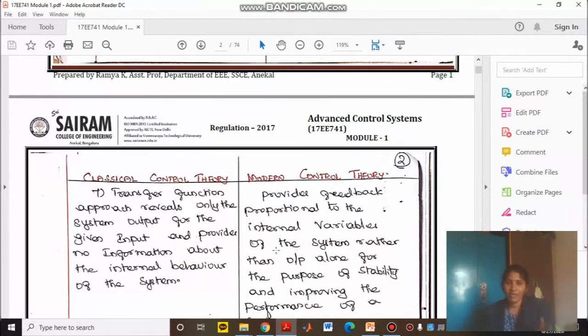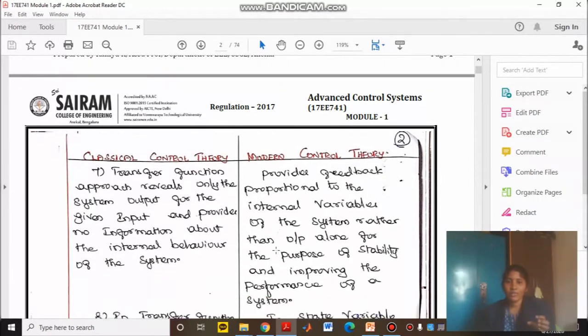Why do we need to know the difference? Because nowadays in all the systems you design, a controller plays a vital role. That is a smart controller, centralized controller, decentralized controller, one-way controller, two-way controller. So based on the type of controller, we need to know which parameter has to be controlled, and where exactly that parameter falls.